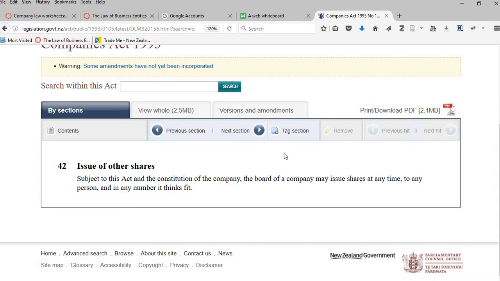Now, theoretically, bringing in the new shareholders should increase the value of the company and mean that the value of that shareholder's investment, the 20%, when it becomes 10%, is actually worth more money. However, give some thought to whether you should limit the board's power to simply issue new shares.